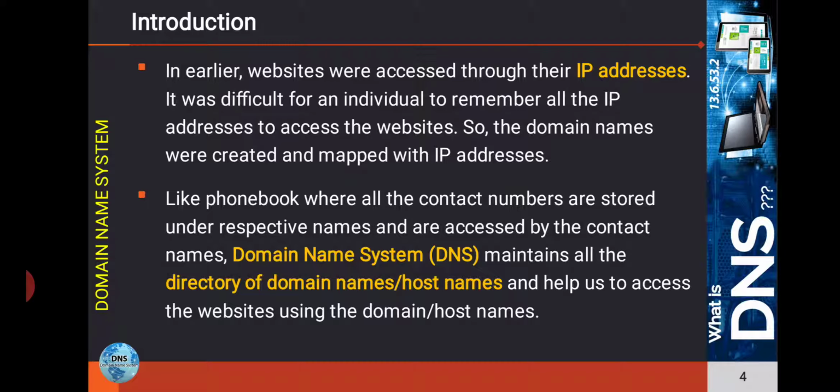It was like a phone book where all the contacts were stored under respective names and are accessed by the contact names. So the domain name system maintains the directory of the domain names and the host names, and it helps us to access the website using the domain name. So the domain name system was exactly like the phone book.